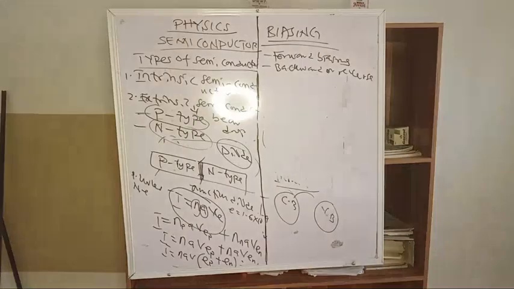That is what happens at forward biasing. I'll say it again: the positive terminal of the cell is connected to the p type, while the negative terminal of the cell is connected to the n type.